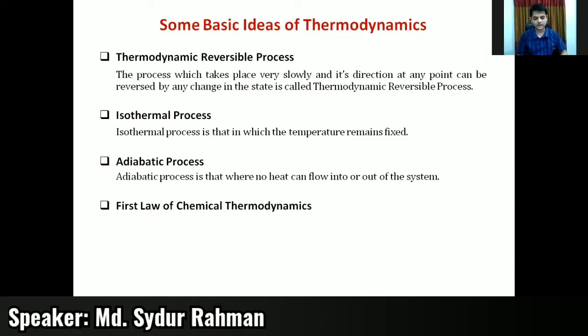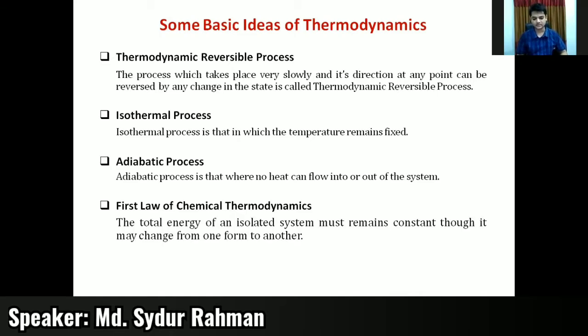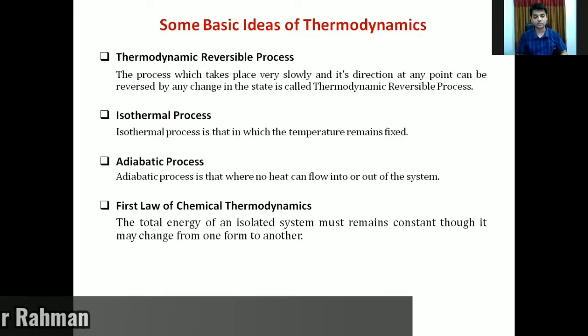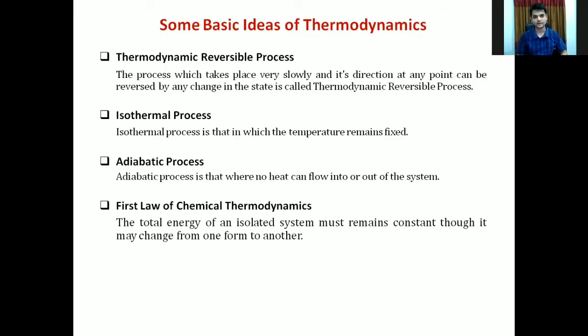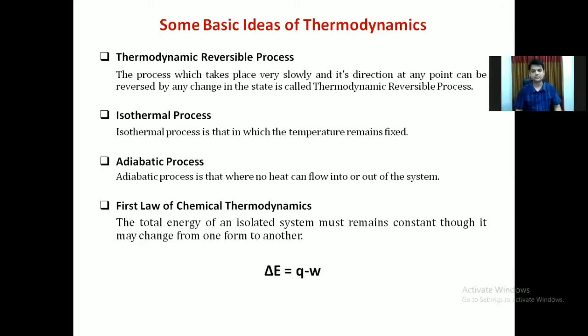And finally, we have to know the first law of chemical thermodynamics. What is the first law? The total energy of an isolated system must remain constant, though it may change from one form to another. This is commonly known as the first law of chemical thermodynamics, and this is its mathematical expression.